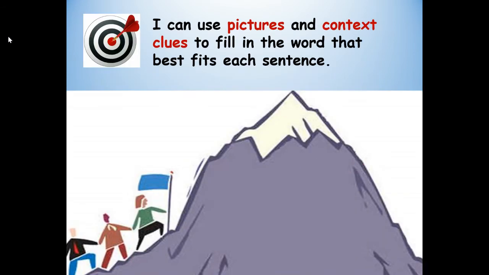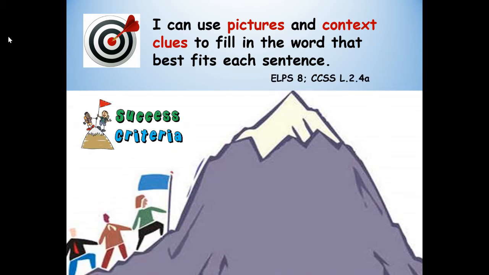Here's our learning target. I can use pictures and context clues to fill in the word that best fits each sentence. Success criteria. How will you know you're successful at using pictures and context clues to fill in the word that best fits each sentence?